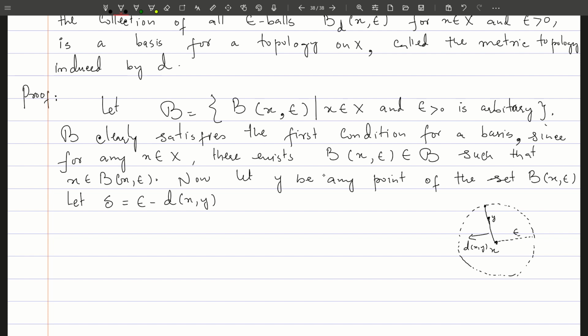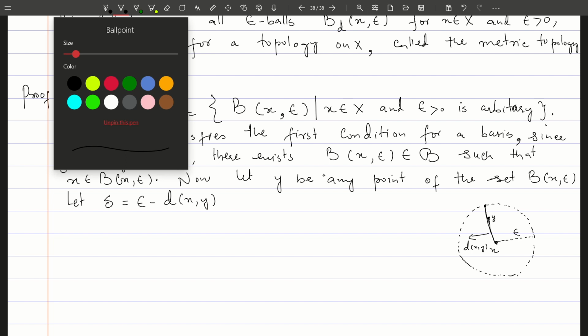Now what is delta? Delta is this epsilon minus this distance.